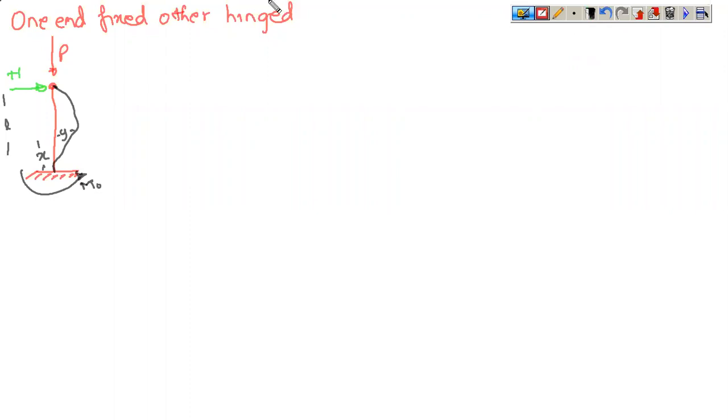Now the significance of this is h is a hypothetical force, or you can say it is an imaginary force. Why have we applied this imaginary force? So that we come to the conclusion that this m naught in anti-clockwise direction is produced due to this h force which is producing a clockwise moment, because this has to be balanced.